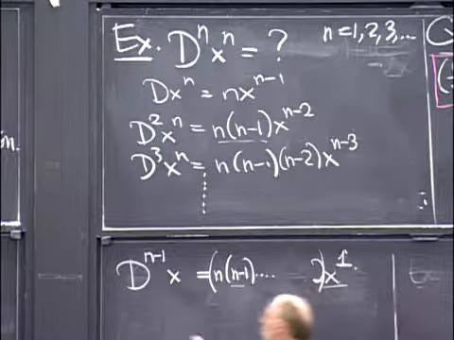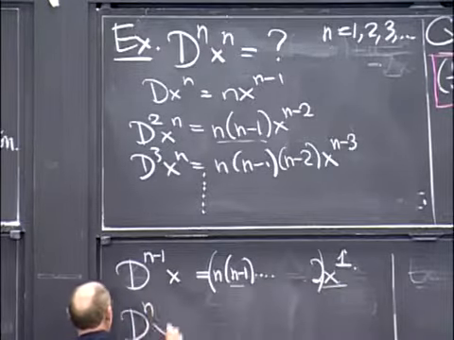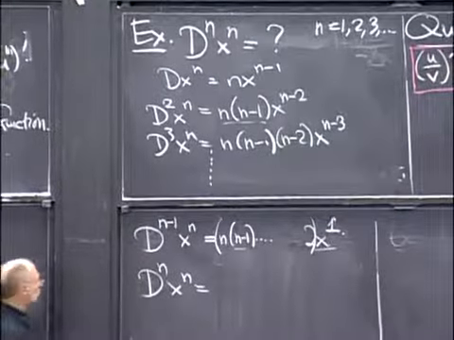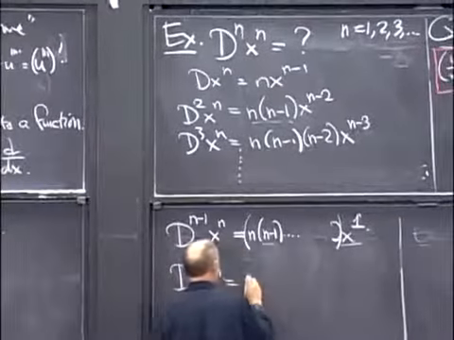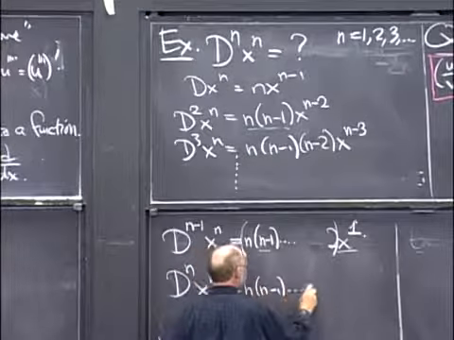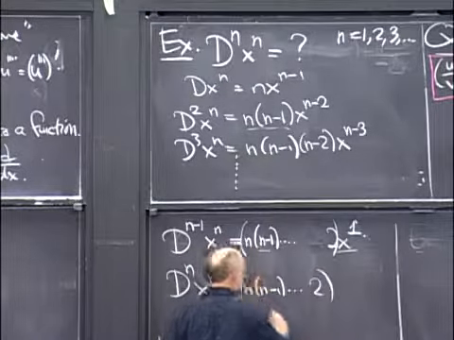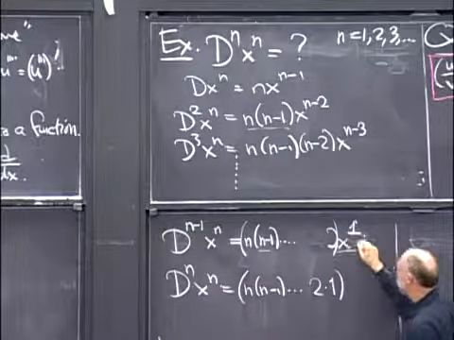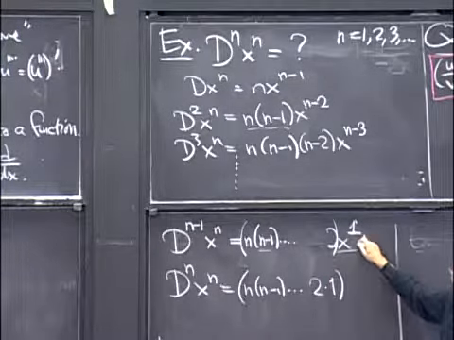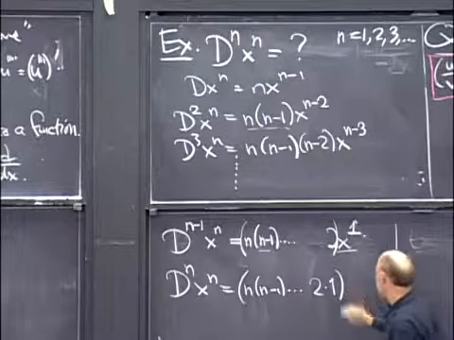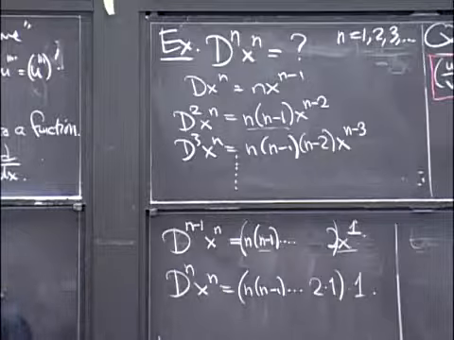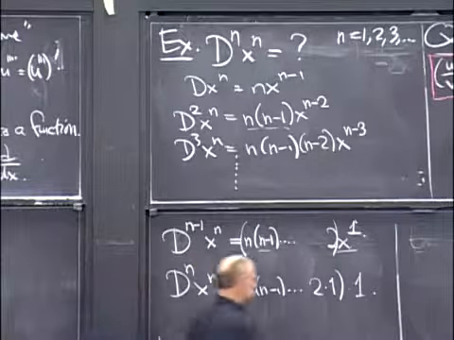And now we can differentiate one more time and calculate what d to the n of x to the n is. So I get the same number, n times n minus 1, and so on, times 2. And then I guess I'll say times 1, times, what's the derivative of x to the 1? 1. So times 1, if you like, times 1 times 1, where this 1 means the constant function 1.